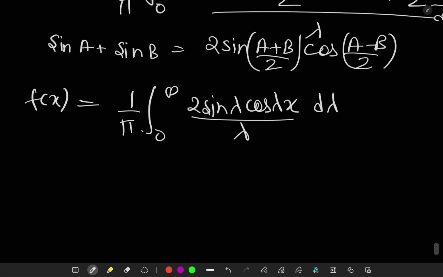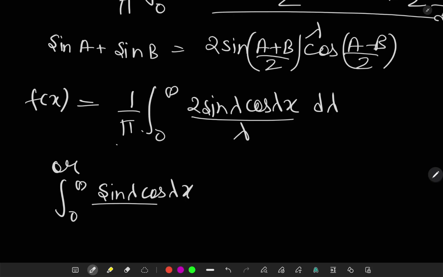Now we can write this like that, is equal to π/2 f(x).